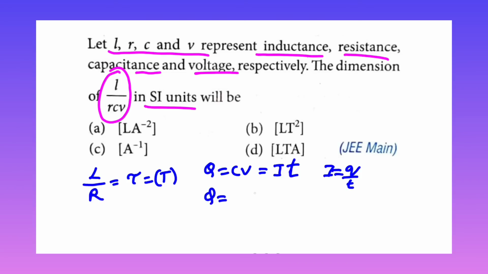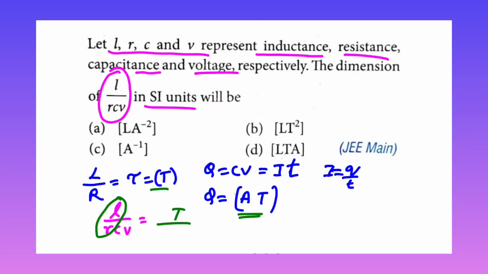Therefore the dimensions of Q can be taken as, current is written with the symbol A, ampere, and time with T. So Q we got as A T. So our formula given in this problem is L by RCV, for which L by R is considered to be T and CV is considered to be A T.